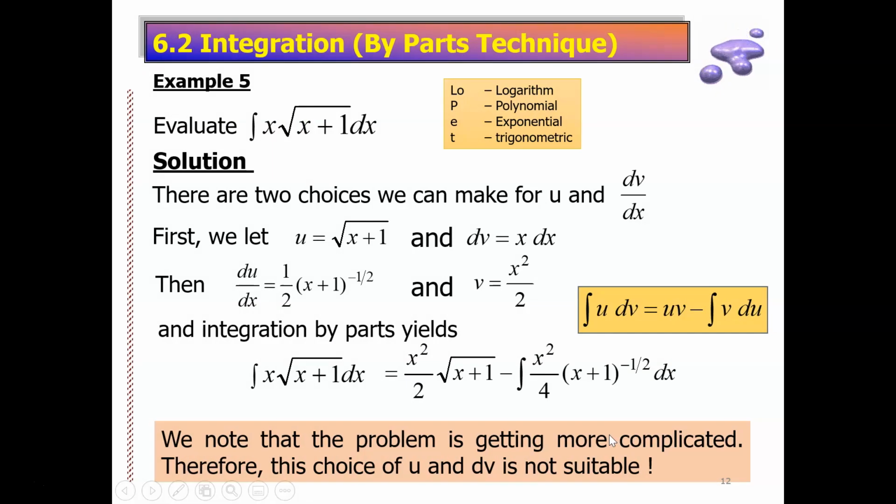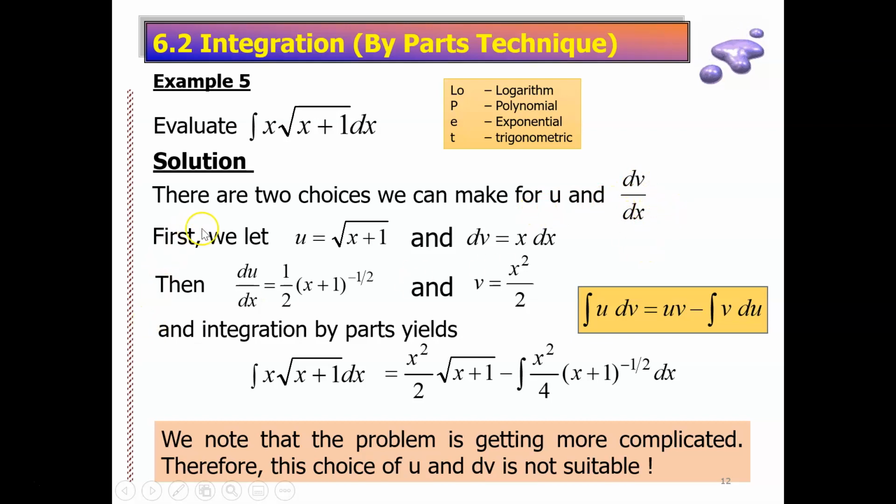Let's see the example. Example 5, evaluate the integration of x square root of x plus 1 dx. What we're going to do first is refer back to LOPET, the rules for how to choose u. From here we have x and square root of x plus 1, so there are two choices we can make for u and dv.